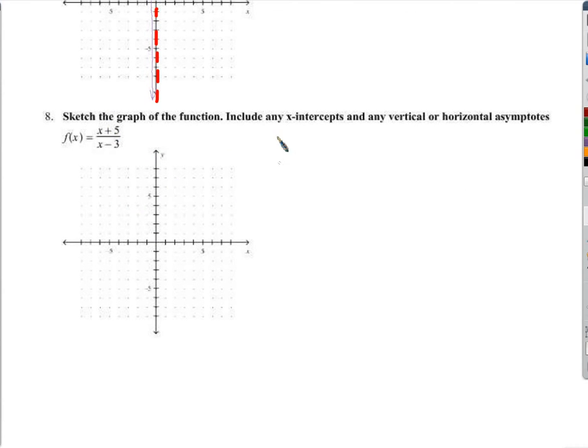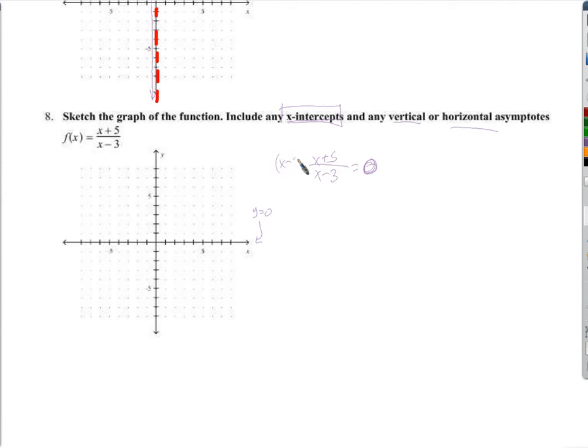So again, we're going to find x-intercepts, vertical asymptote, horizontal asymptotes. Let's start with those x-intercepts because it mentions them first. Why not? The x-intercept is anywhere along the x-axis, and that's where y is equal to 0. So pretending like we don't know anything about this function, what x value will give me 0?